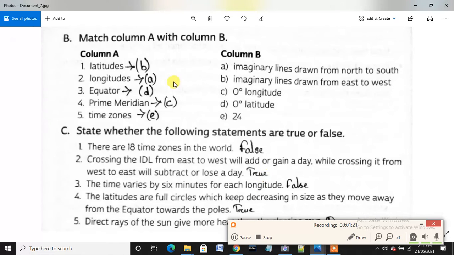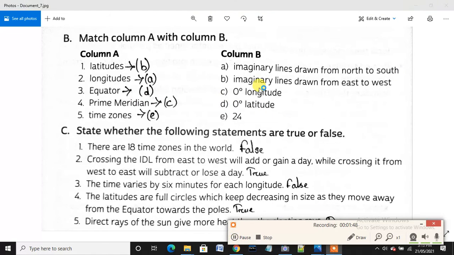Then you can see big number B, match the following, column A with column B. Number one, latitudes will be number B, that is imaginary lines drawn from the east to west. Longitudes is number A, that is imaginary lines drawn from the north to south. Equator is number D, that is 0 degree latitude.